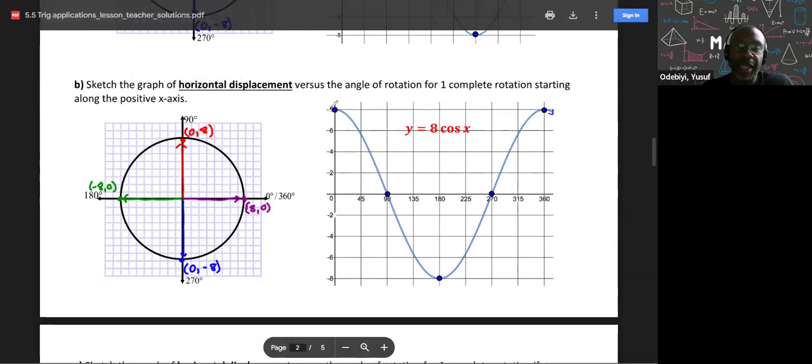So whatever I have over here on this side is repeating. If I move this whole graph over to the right, this comes over to here, and this point comes over to here. So you can see how it's repeating.